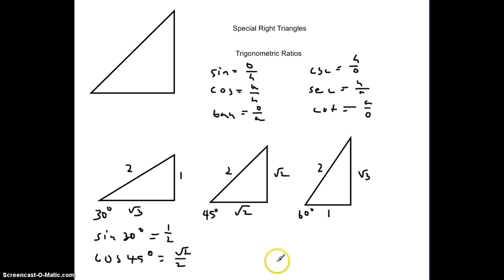And then sometimes we have to rationalize the denominator. So if we wanted to do one of the reciprocal functions like secant of 45 degrees, and we had a denominator that's a radical, we want to rationalize that denominator. So secant is the reciprocal of cosine.